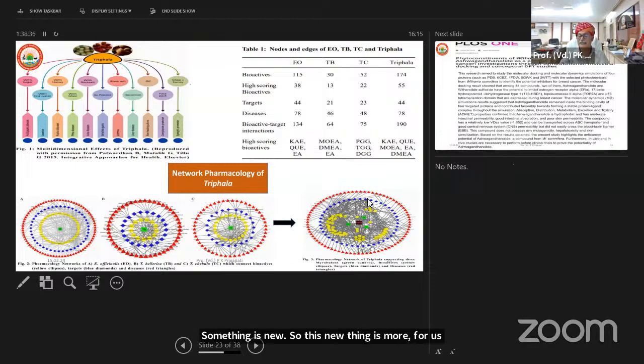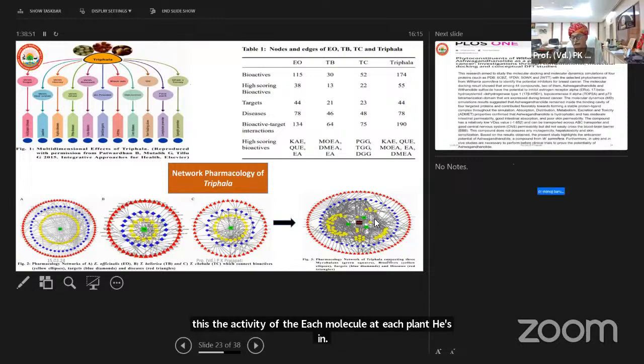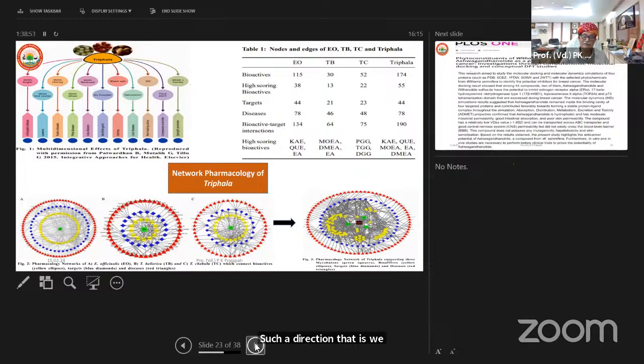So synergistic action is accepted everywhere, and due to this, the activity of each molecule or each plant is synergized in the direction that we require. So it is a very good module for new drug development.